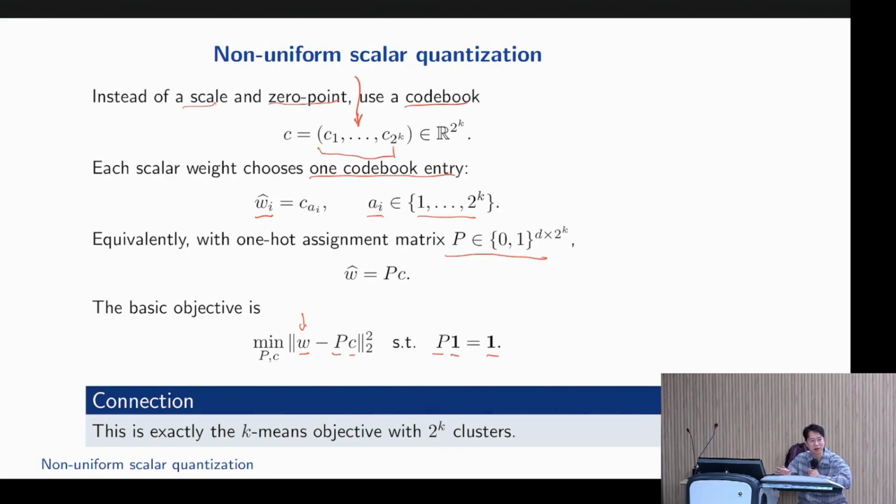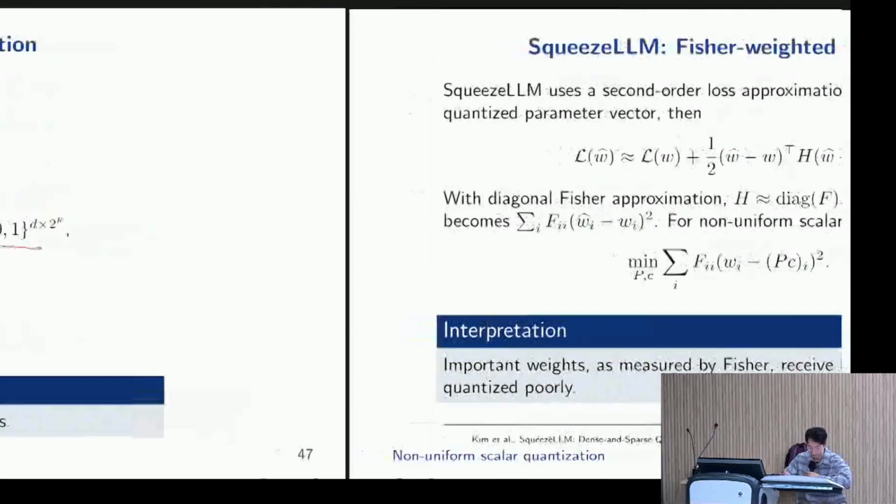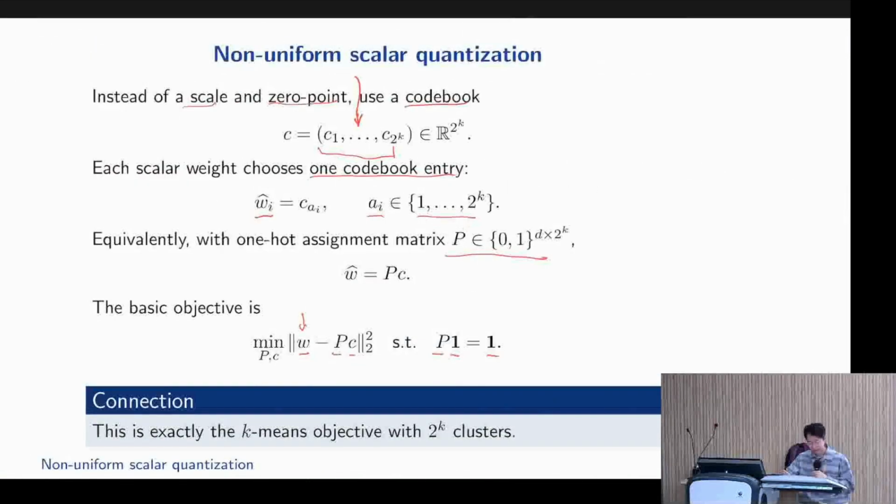It cannot find 0 or 2 or 3 entries. It has to get assigned to a single entry. It's okay for a codebook entry to get multiple W's mapped to it, but it's not okay for the W to map to different codebook entries. So if you know k-means, this is exactly the k-means objective with 2^k clusters.